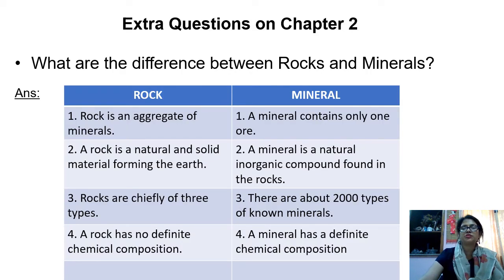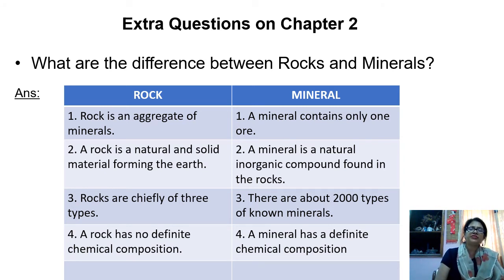All right. Now some extra questions I have given you. What is the difference between rocks and minerals? Rock is an aggregate of minerals. A mineral contains only one ore, like I told you, iron ore or mica ore, or uranium ore or any such thing. A rock is a natural solid material forming the earth, and a mineral is a natural inorganic compound found in the rocks.